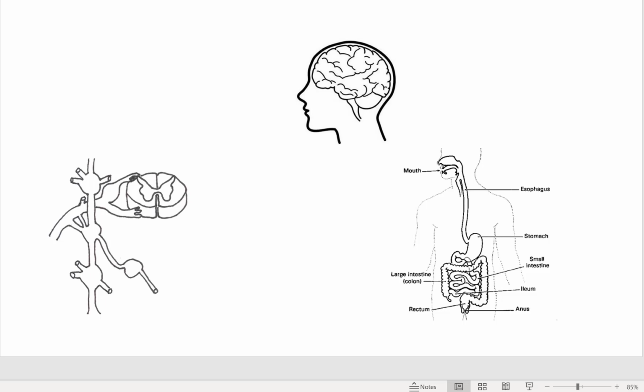It is sympathetic, which is why I have a picture of the spinal cord over here on the left and the sympathetic trunk. But I also have a picture of a brain. And the idea is some students would have said it's parasympathetic, and they would have started with the brain, and they would have started drawing cranial nerve number 10, which innervates down into the gut.